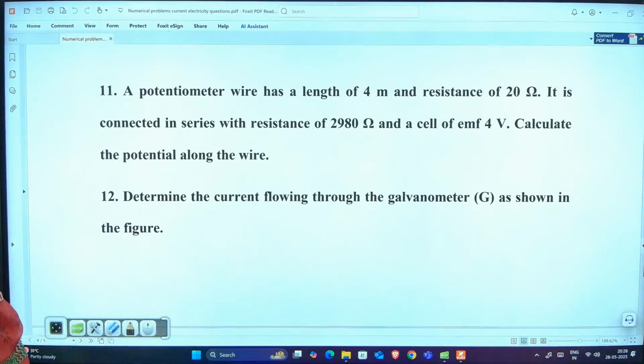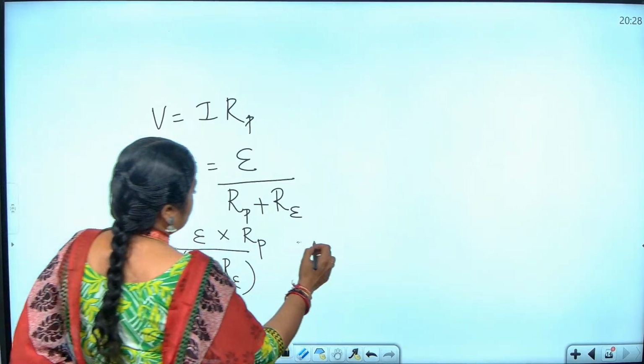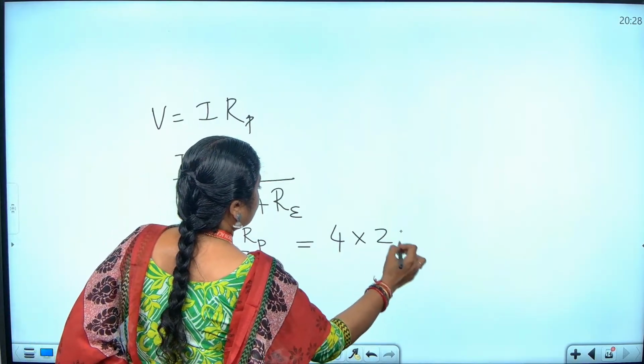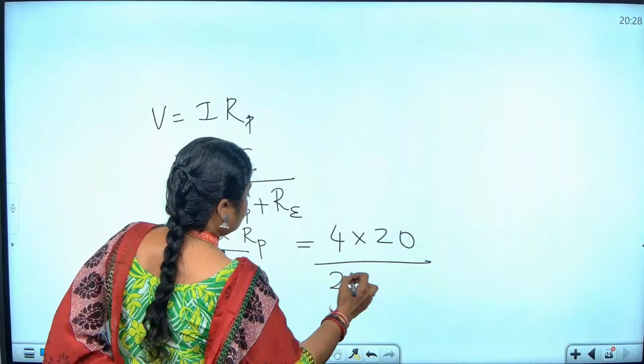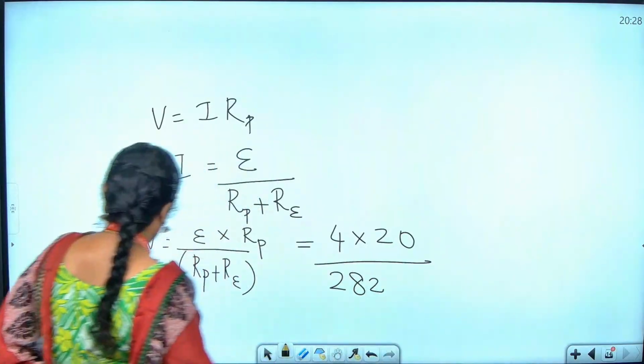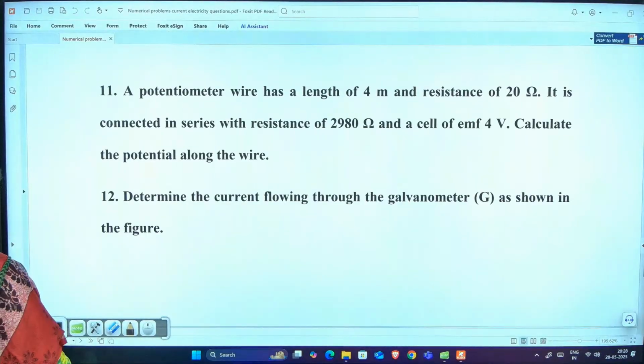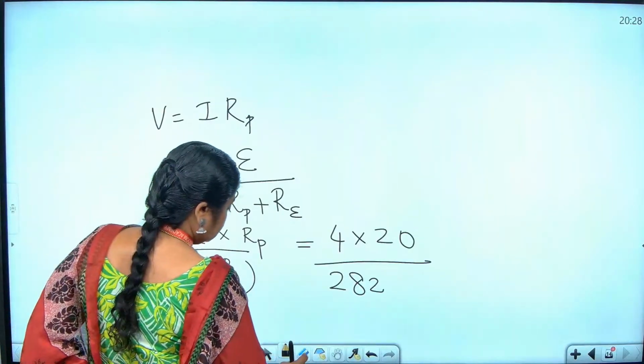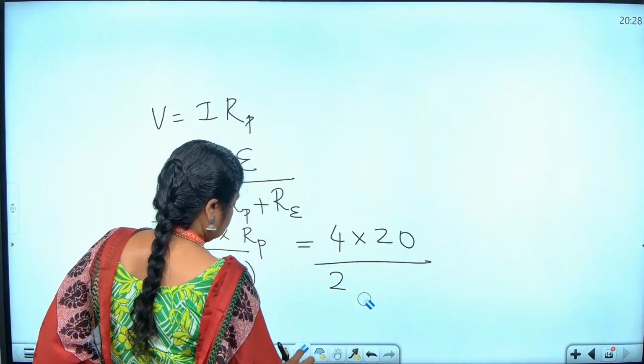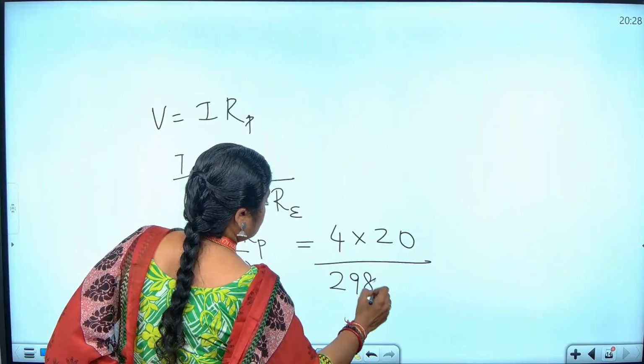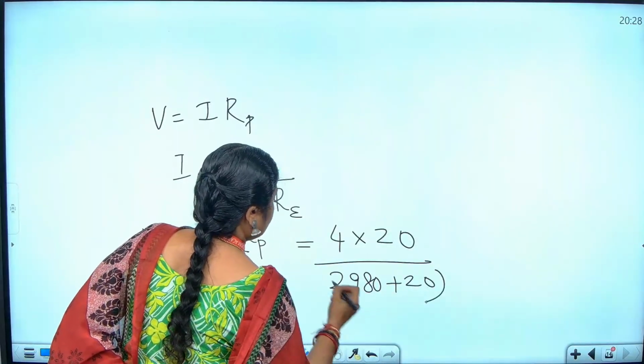Epsilon, the EMF of the cell, is 4 volt. Resistance of the potentiometer is 20. The external resistance is 2980, plus 20.